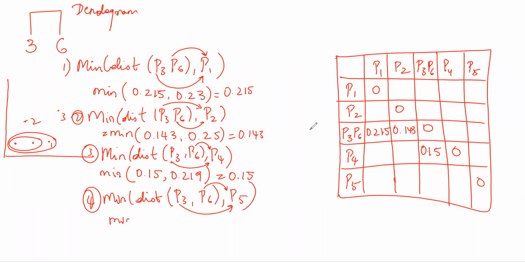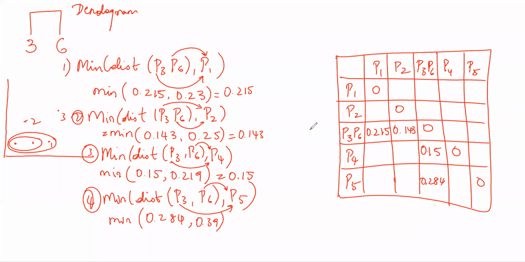The minimum of P3 to P5? 0.284. P6 to P5? 0.39. So it is 0.284, or 0.29. Okay, so now we have already identified this.